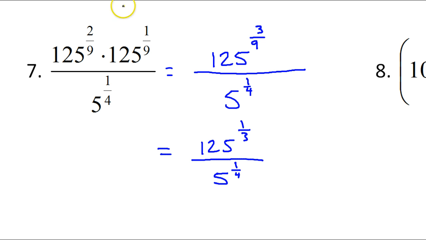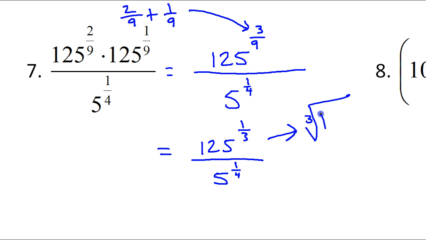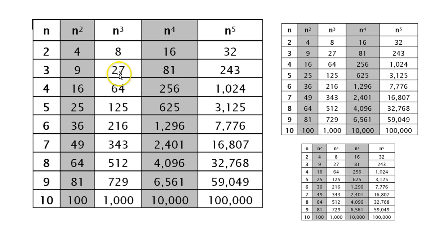Okay, again, I did 2/9 plus 1/9 when I did this. Now, we just learned that 1/3 power is the same thing as cube root. Okay, so this is the same thing as the cube root of 125. All right, the cube root of 125 is 5.